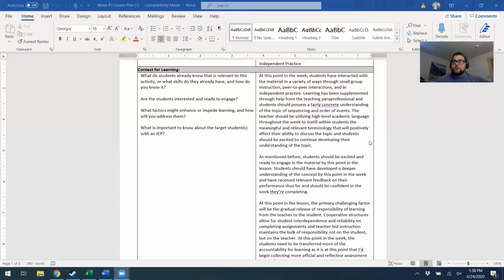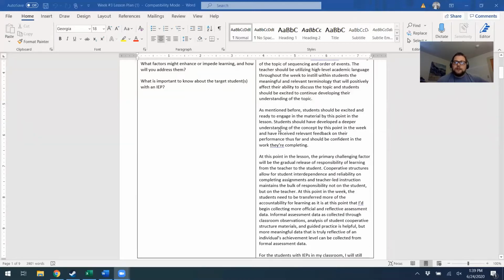There are multiple opportunities for the students to interact and be successful within this material. Offering students those opportunities builds up their confidence, and when you're engaging them with high-level academic language, you're teaching them the language that teachers use, and they're going to start using it themselves as they get more confident in their own abilities.